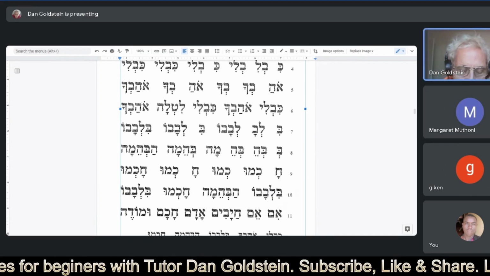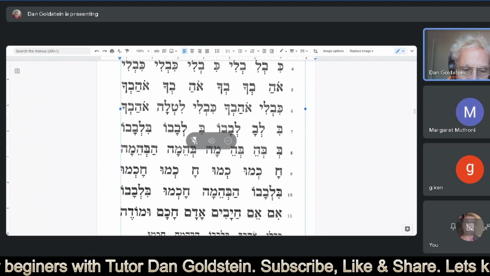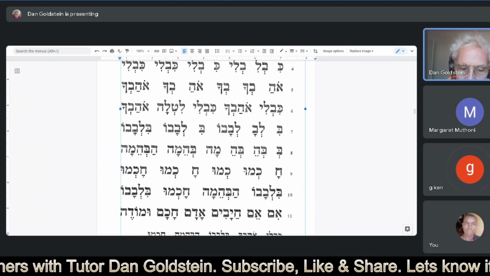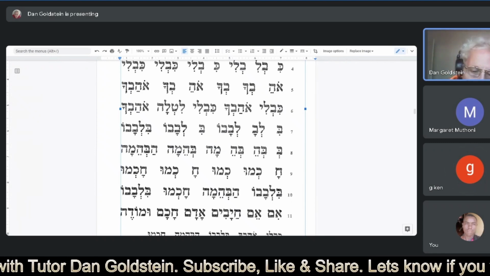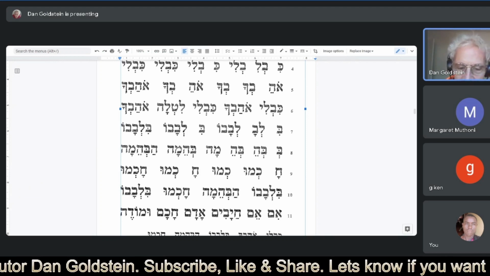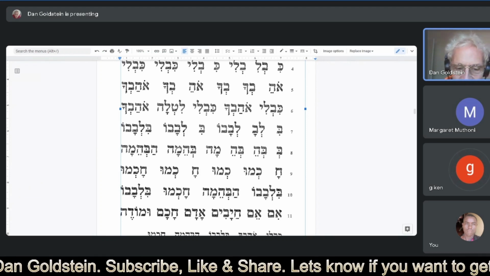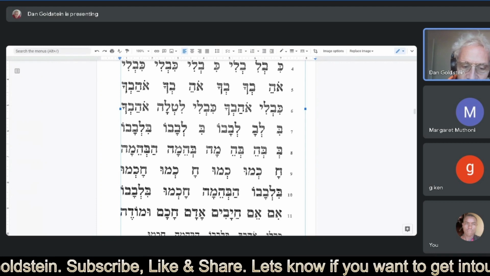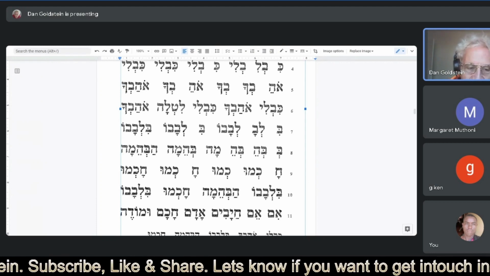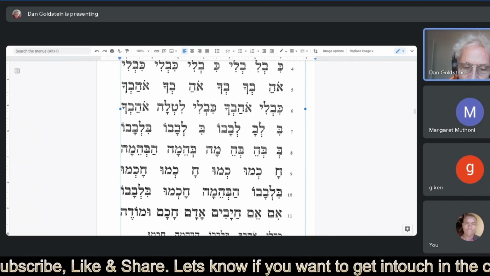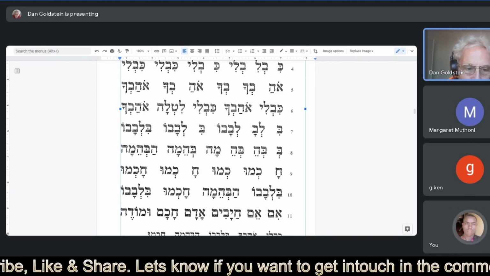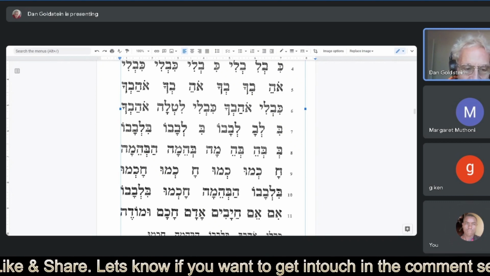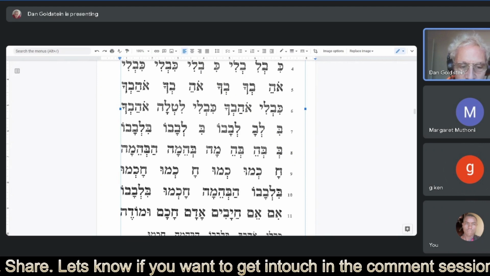After the prefix the, we treat the shva as a vocal shva. So it's like the beast, ha-behema. In this case, we do actually give a little pronunciation to the first shva. Let's try the third word.